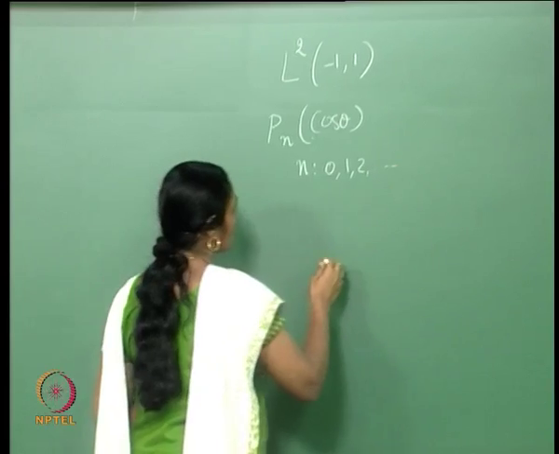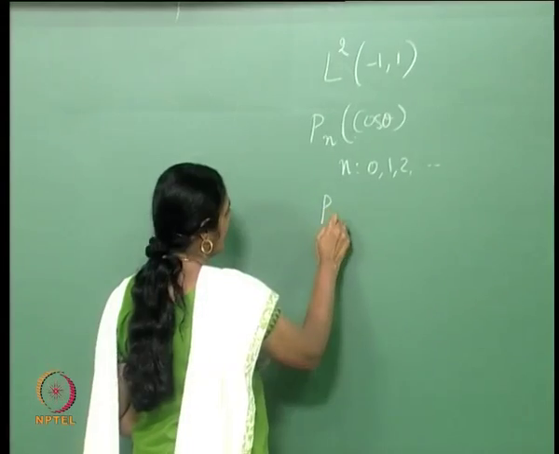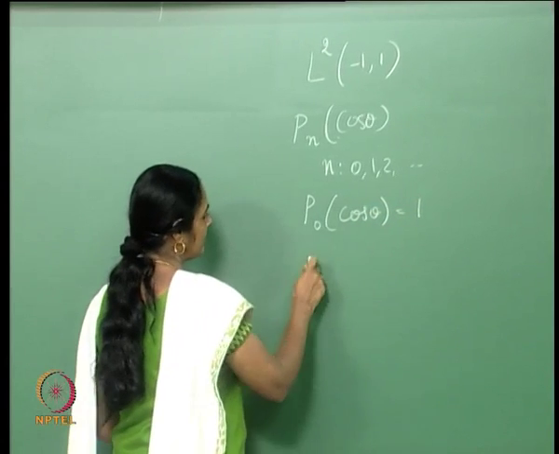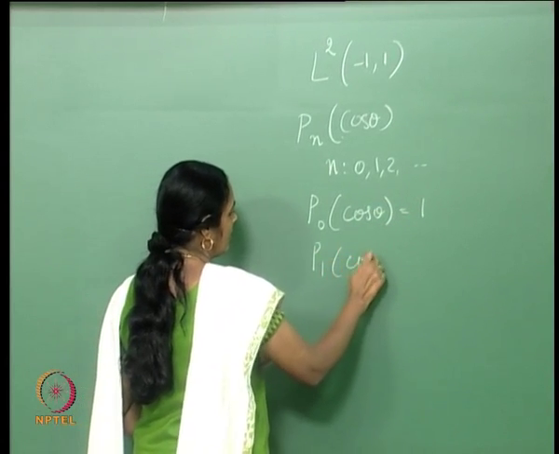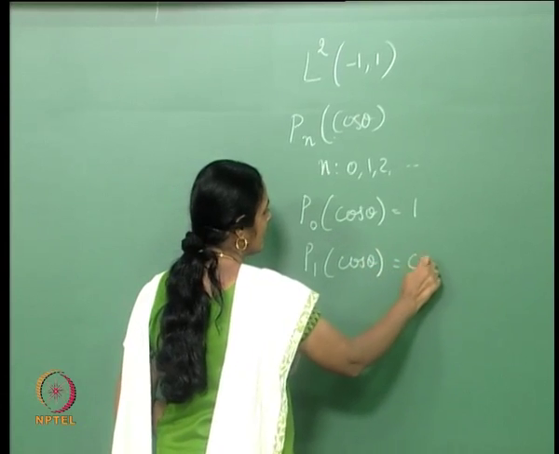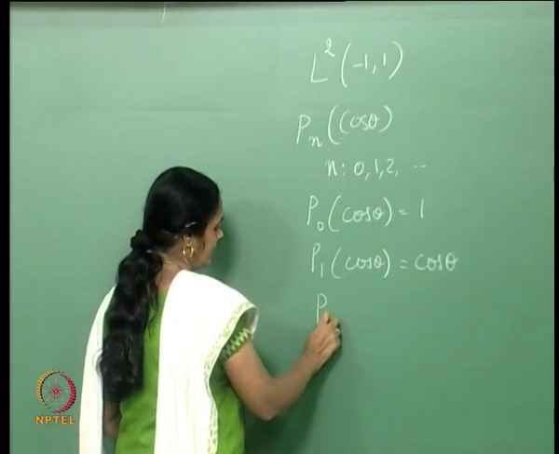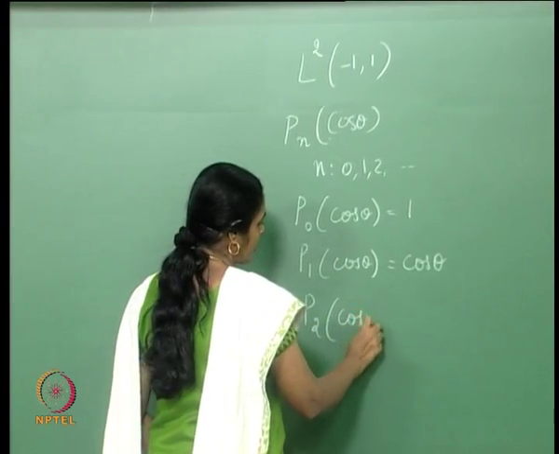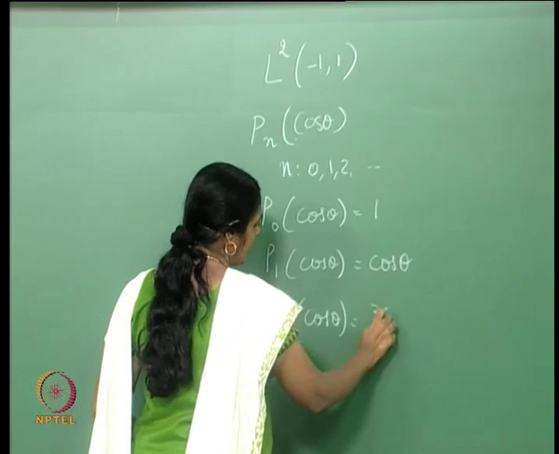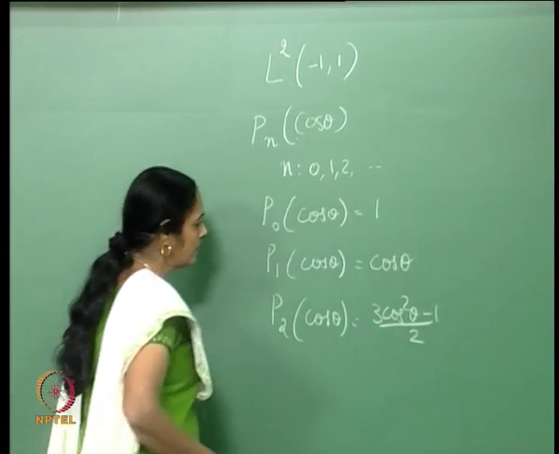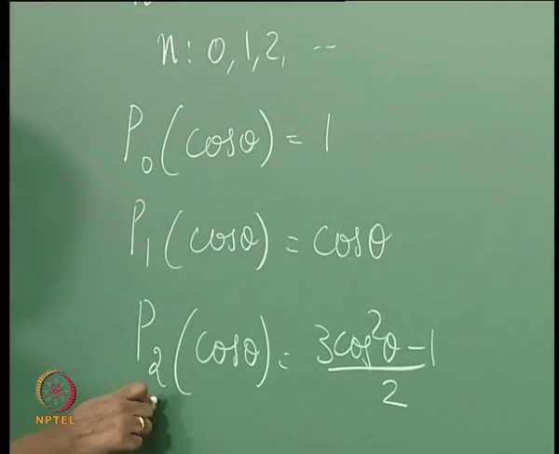To begin with, n taking values 0, 1, 2 and so on, P0 of cos theta is 1, P1 of cos theta is cos theta itself, P2 of cos theta is 3 cos squared theta minus 1 by 2, and so on.